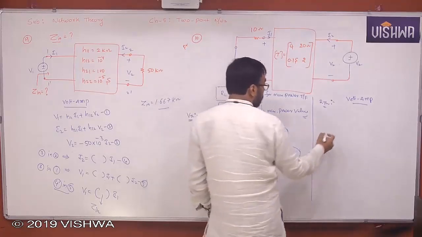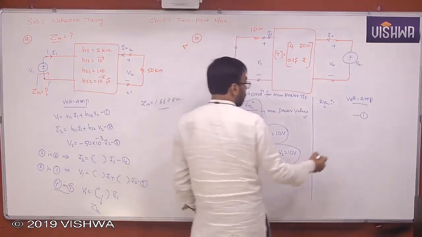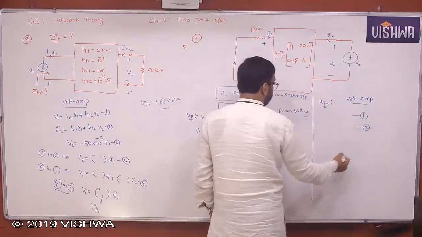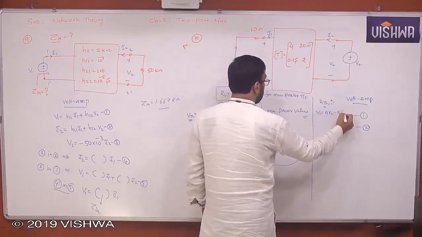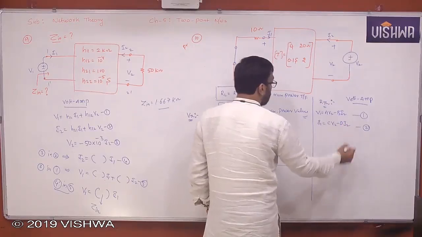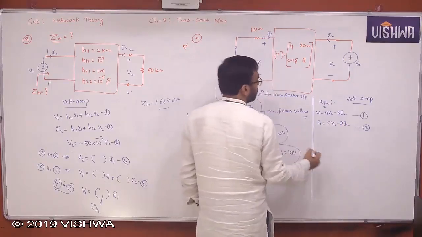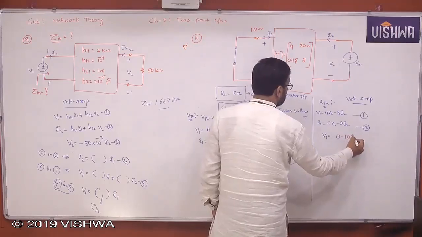Yes or no? So the same equation 1 can be taken here again. There is no difference at all. The same equation 2 also. Let me write clearly again. A V2 minus B I2, and I1 is equal to C V2 minus D I2, and V1 is equal to 0 minus 10 I1, right?